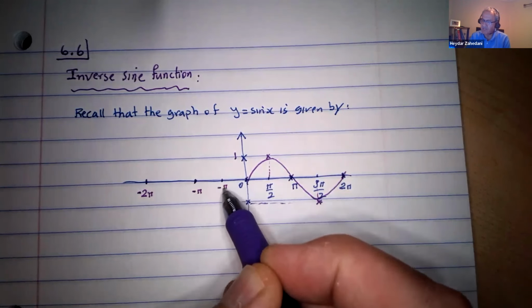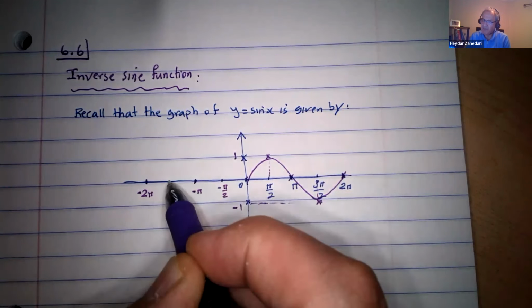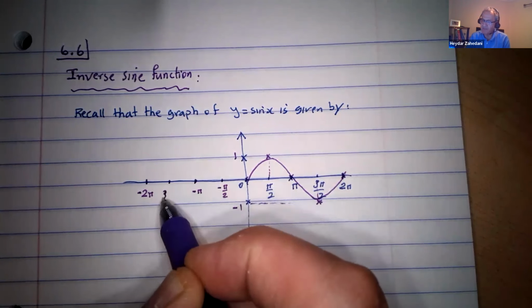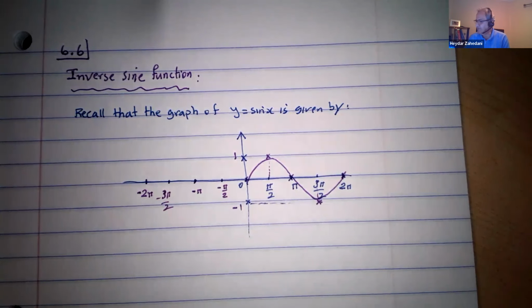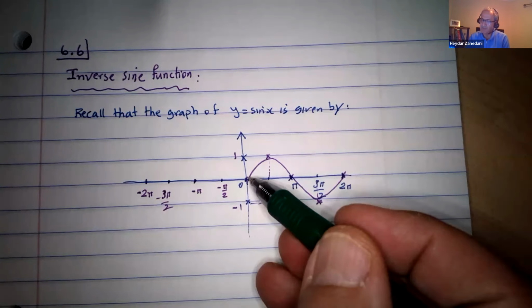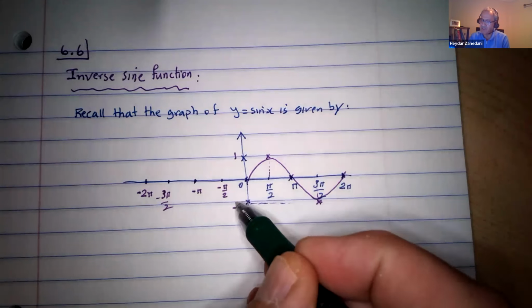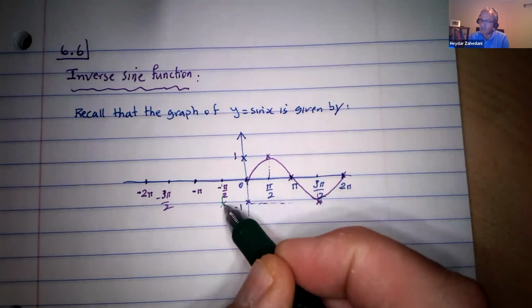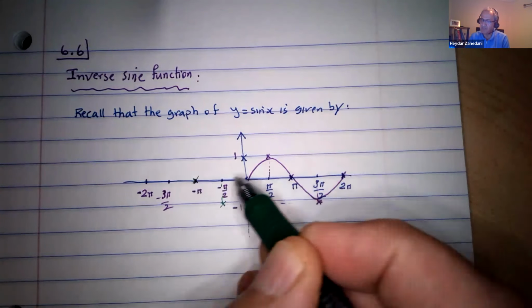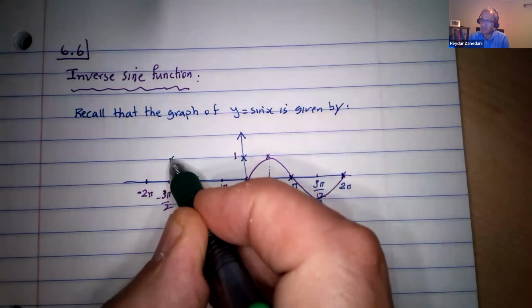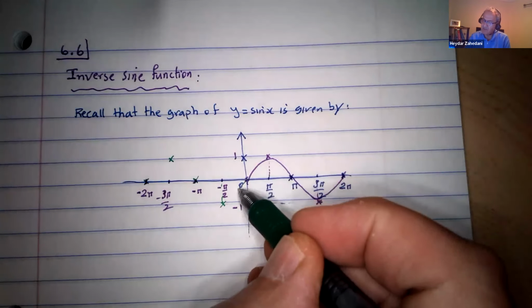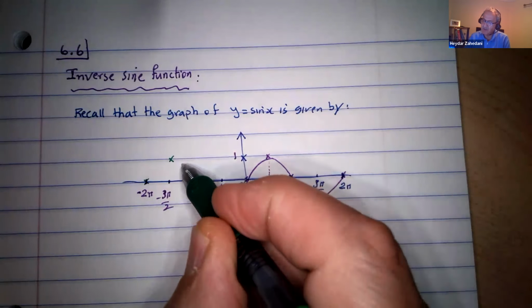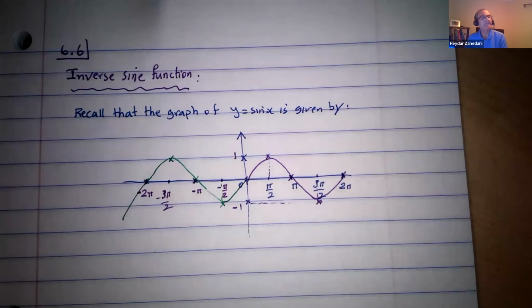Then you have a -pi half and a -3 pi half. Okay, the same thing. If you want to continue, you start from here, you go to the minimum, then the intercepts, then the maximum, and then you get to 0. It's just going to be a copy of the other part. So this is going to be the graph of the sine function.